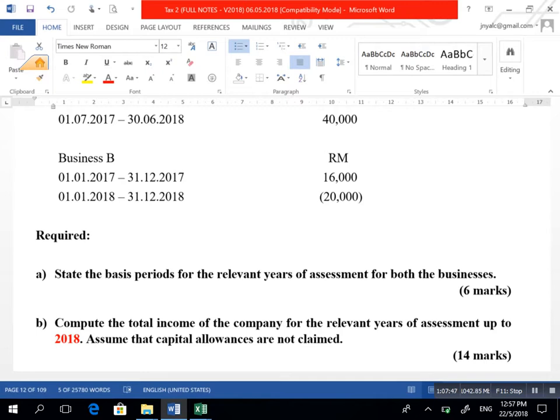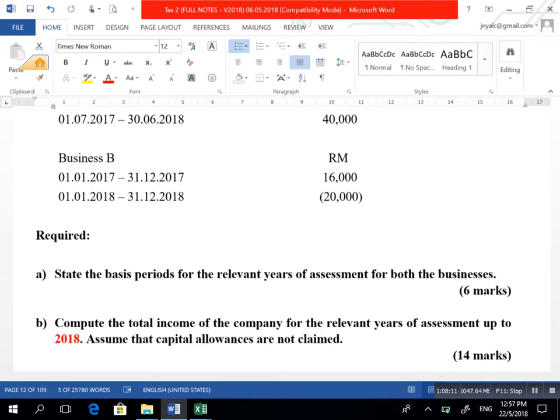Alright, and then class, how are you going to do this? They ask you to compute the total income, correct? So you must highlight this. They actually want total income. And how you get total income is not just adding up like this. Listen first. It's not just adding up like this, right? You must refer back to your chargeable income format.